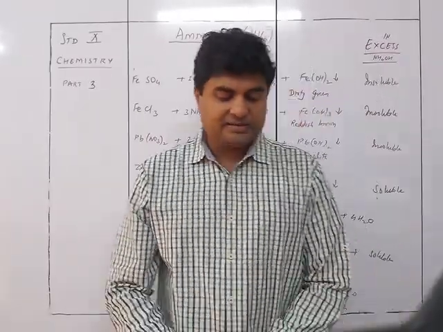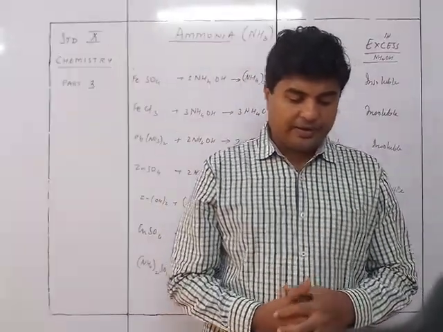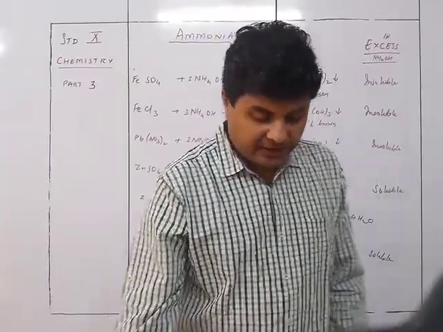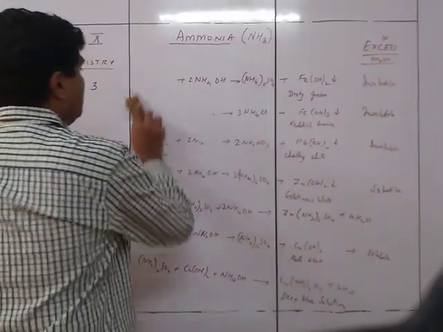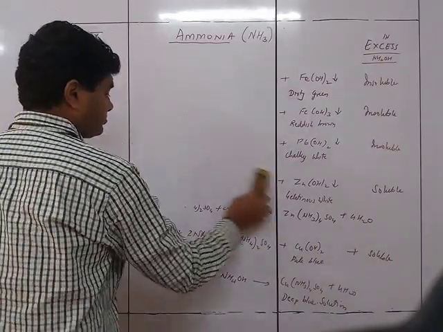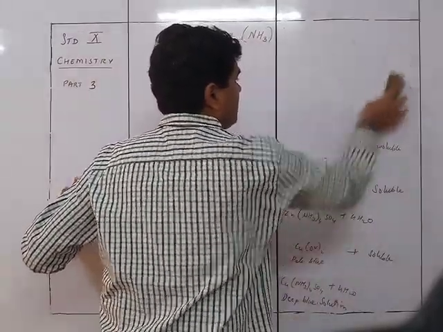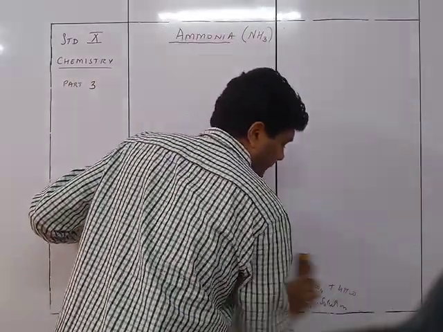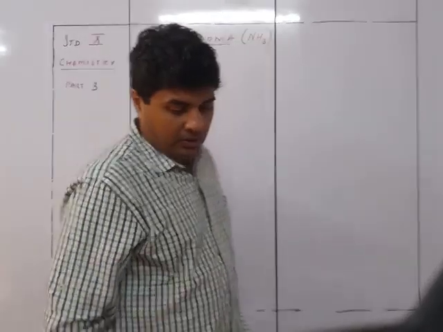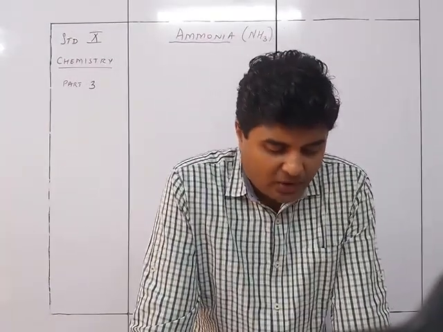We next see is the ammonia reducing action. So the reducing action of ammonia. So ammonia reduces heated metallic oxides to metals.